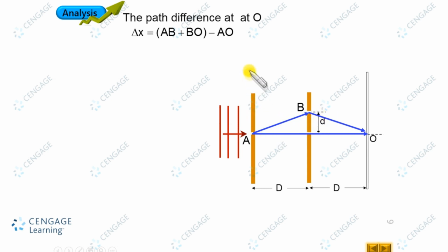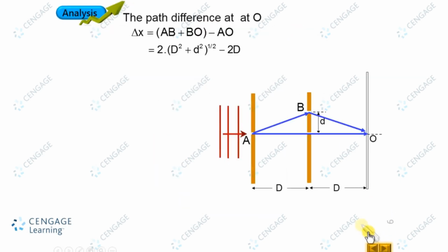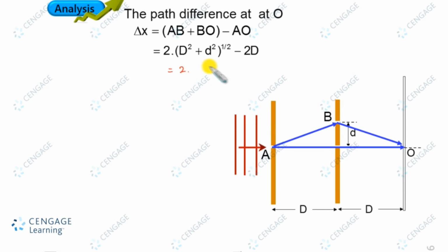That means for this value we can write 2 multiplied by under root capital D square plus small d square, right? And this distance is 2D, right? It is given small d is much smaller than capital D. So let us write this expression in the form of capital D if we take common. So let us write this expression as 2 multiplied by capital D square to the power 1 by 2 should be equal to small d, right?